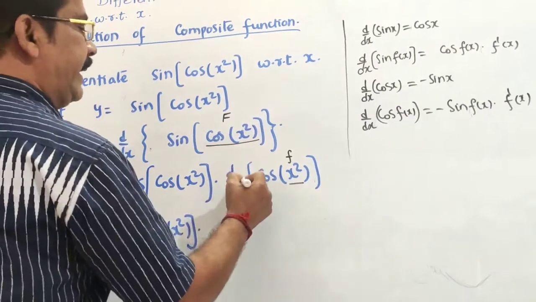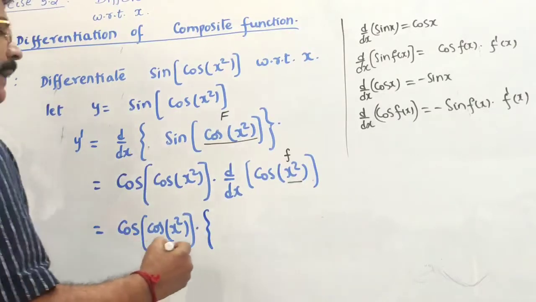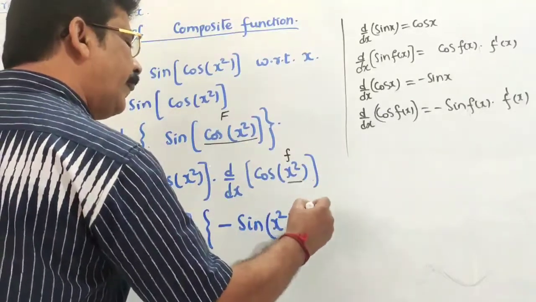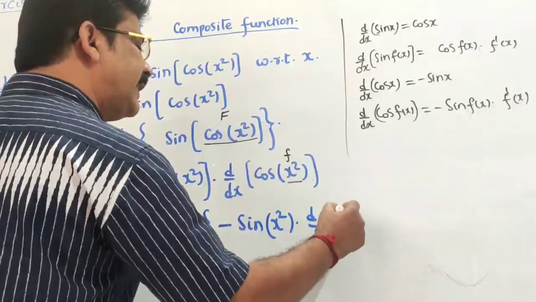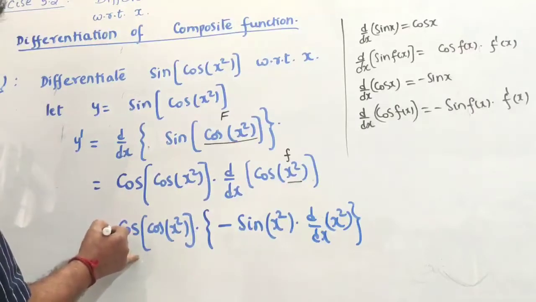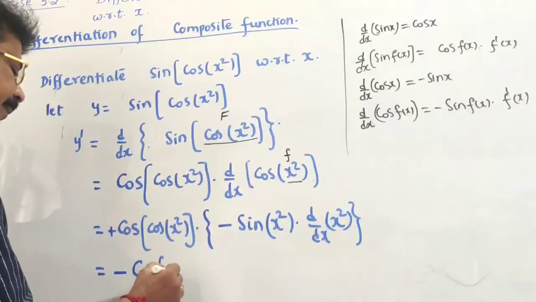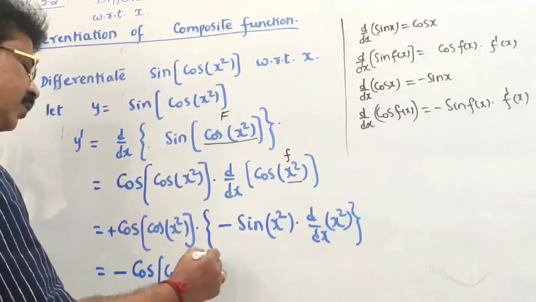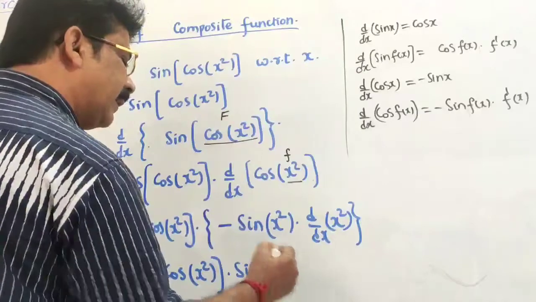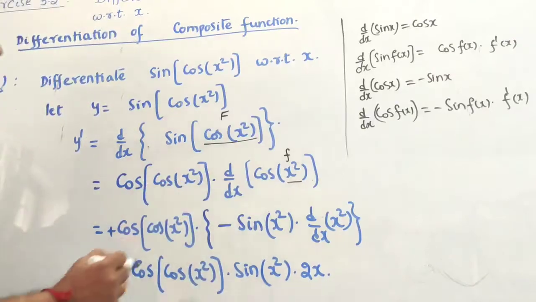So therefore d by dx of cos of f of x is minus sin of f of x into d by dx of x square, which means plus into minus, cos of x square into sin of x square into d by dx of x square, 2x. So this is the derivative of the given function. Over.